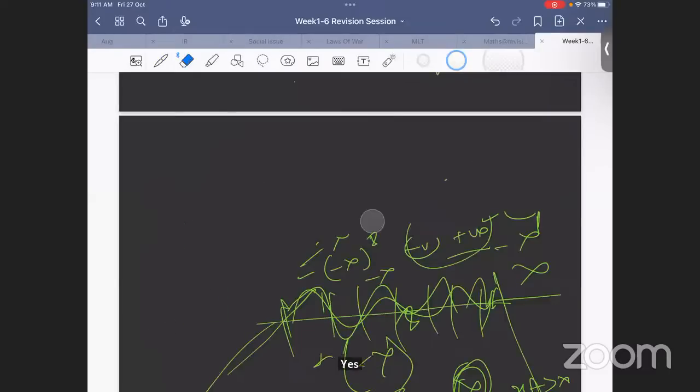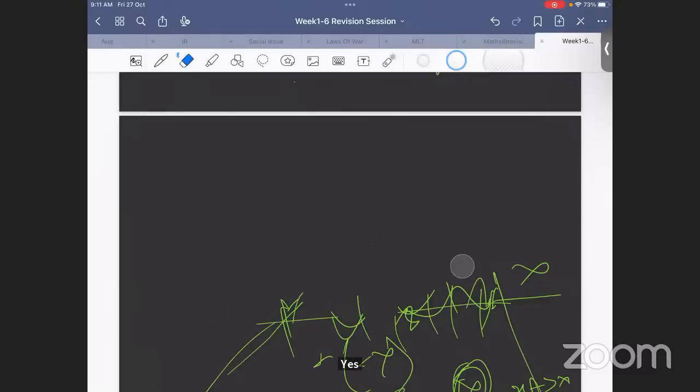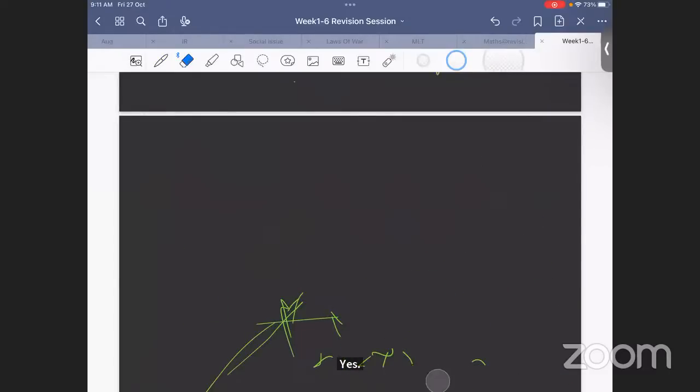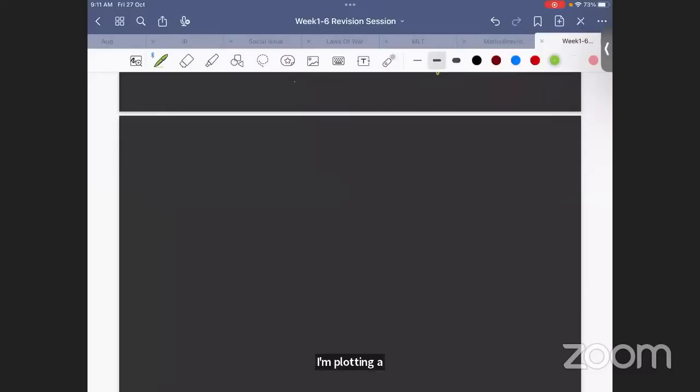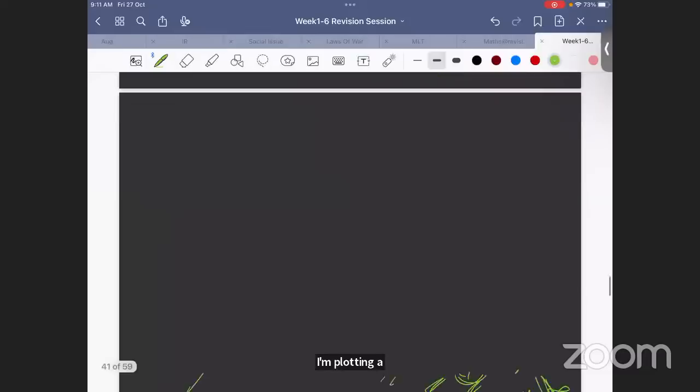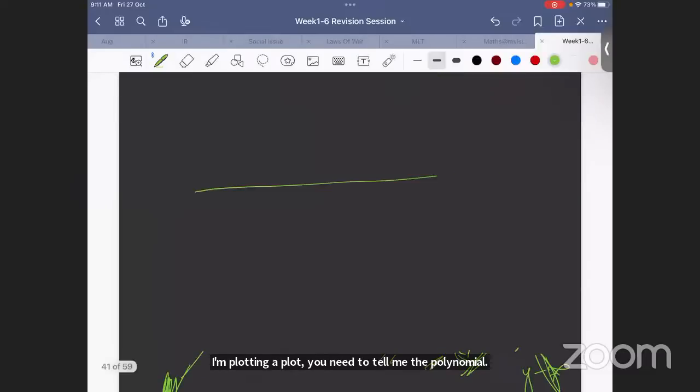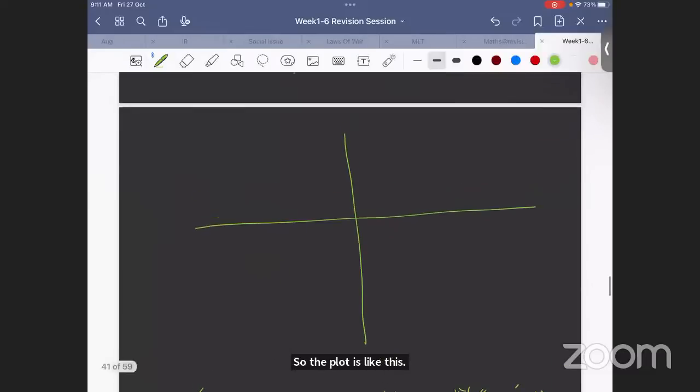Okay, so the last question that I'm discussing: I'm giving you the plot and you need to tell me the polynomial. Okay, I'm plotting a plot. What is the polynomial here? So the plot is like this. This is 0. This is the x-axis.